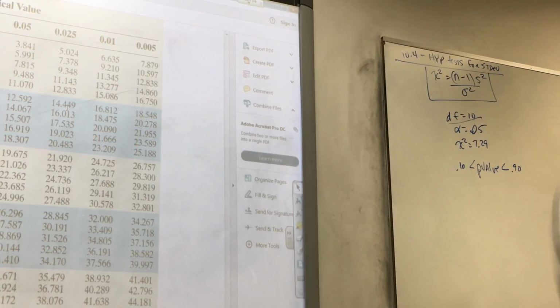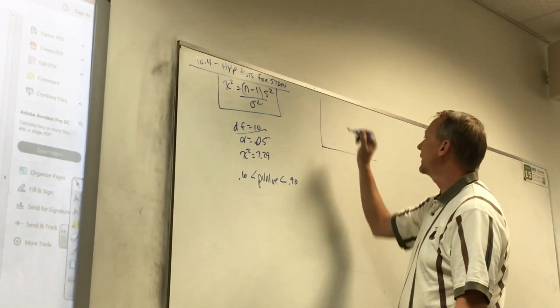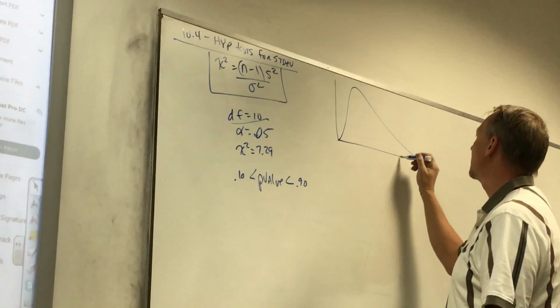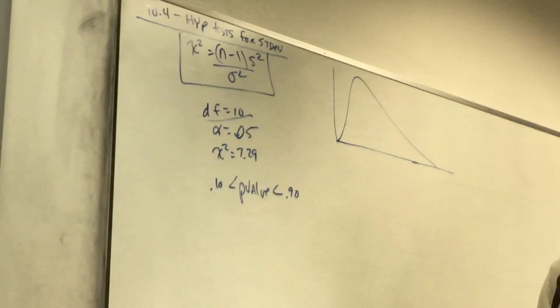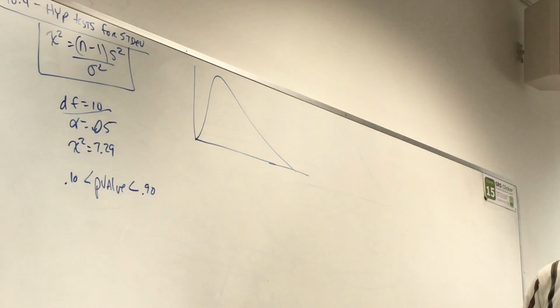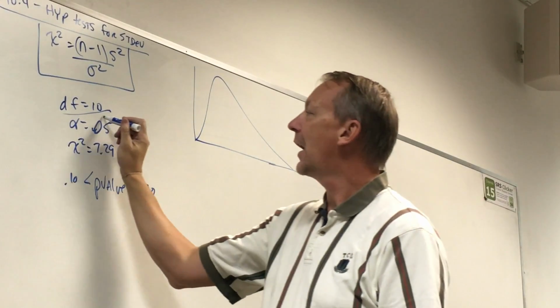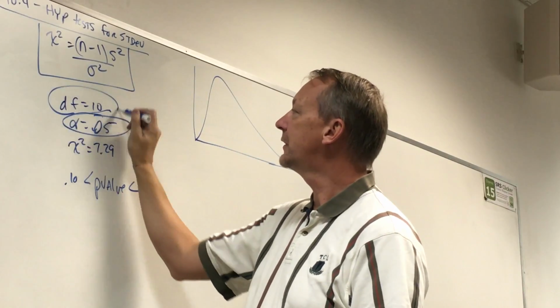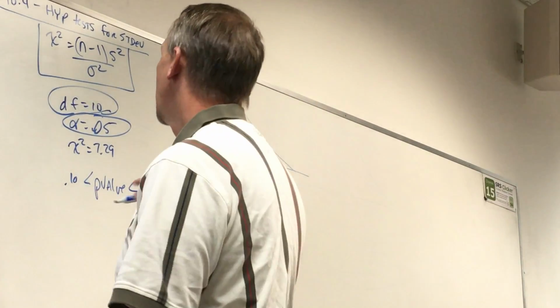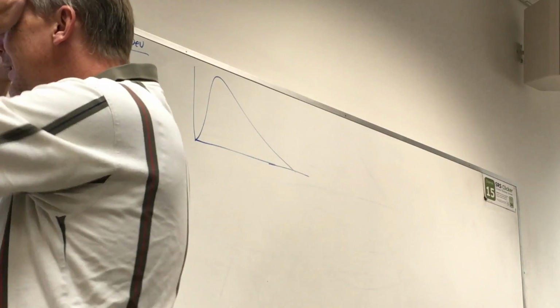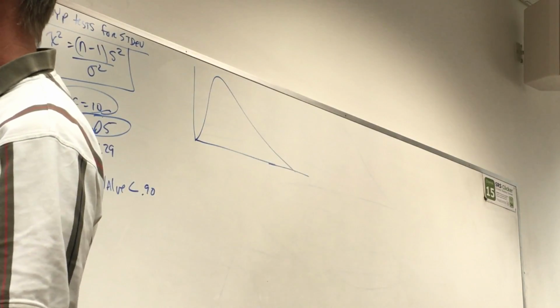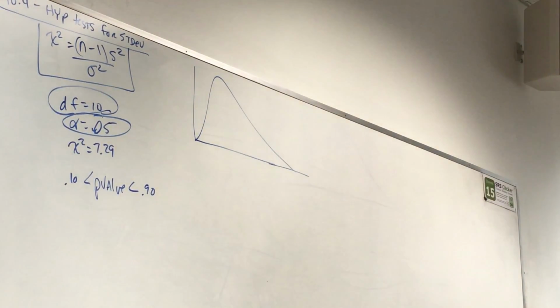Now, how do we do this with the classical method? Okay, so we're drawing our thing here. It's going to look something like that, right? It's not symmetric. Okay, so I've got my alpha of 0.05, still got my 10 degrees of freedom. So let's think about this for a second. Let's go back at the picture. This tells me what's to the right.